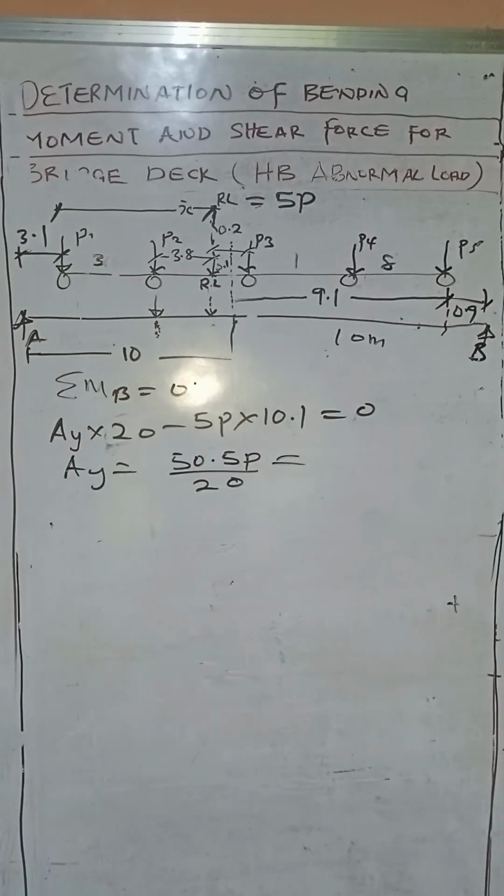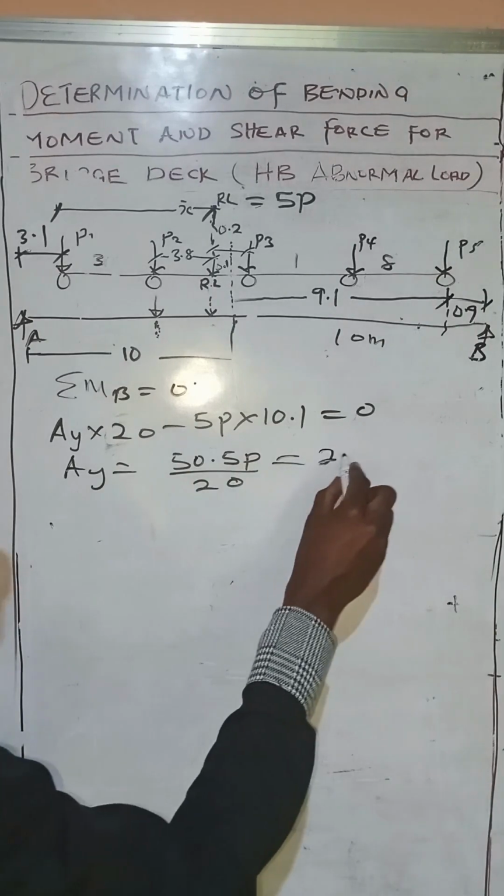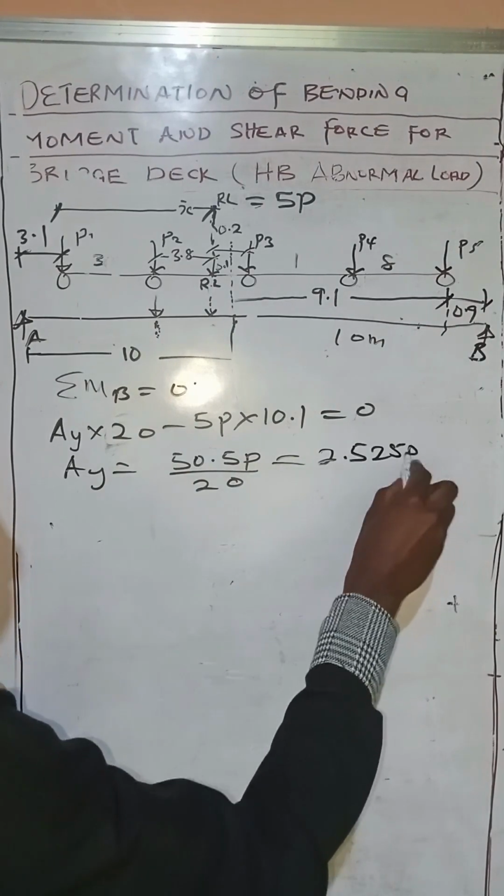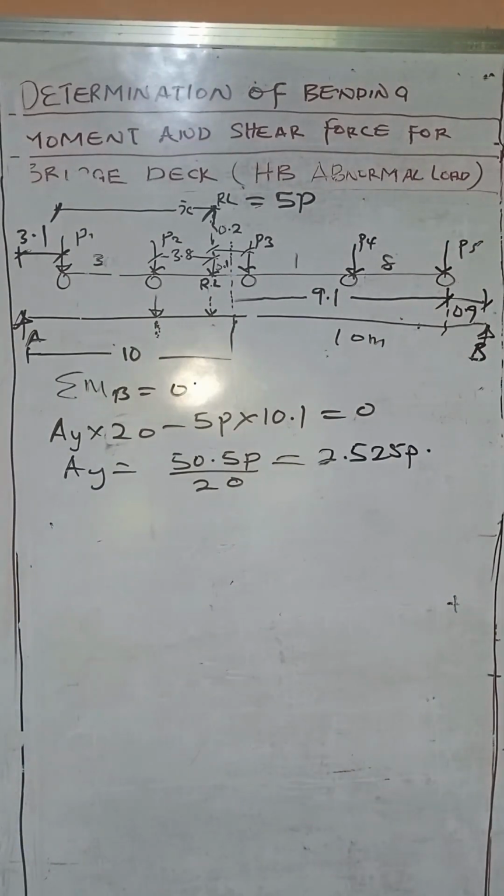That will give us our AY, which is 2.525P.